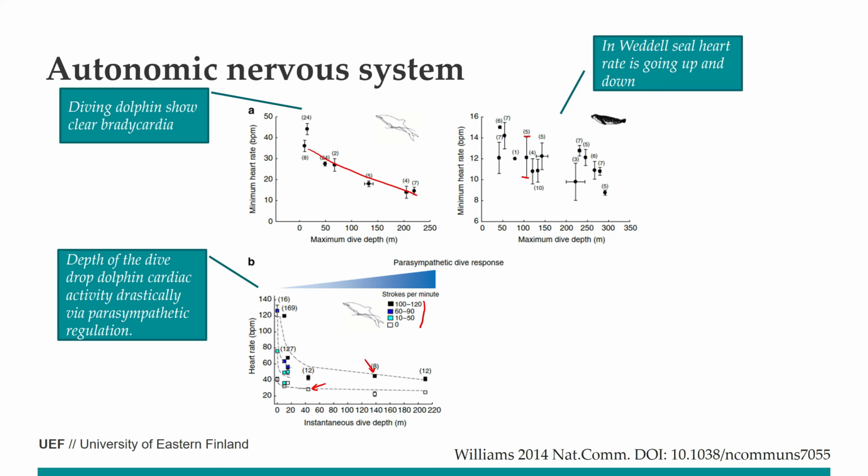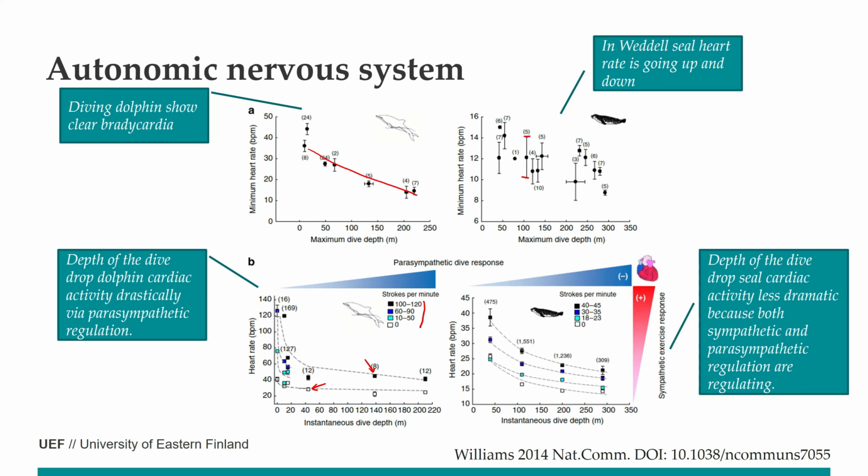But in this seal, it's using parasympathetic and sympathetic at the same time. So that's why the heart rate is decreasing, but it's decreasing only maybe 50% or less. Whereas over here, it's decreasing from 120 to 40 or whatever.